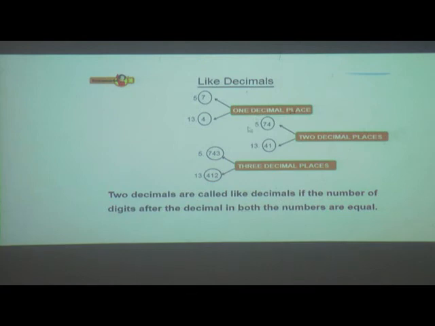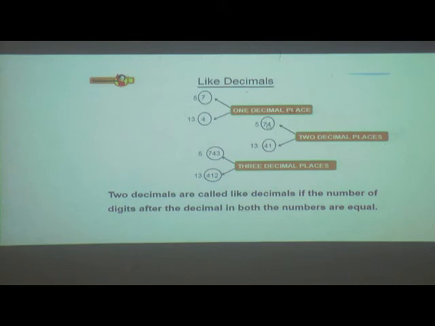Here we have 5.74 and 13.41. Two decimal places means after the decimal there are two places, 41 and 74. Before the decimal we do not have to consider; we read it as 5.74 and 13.41.